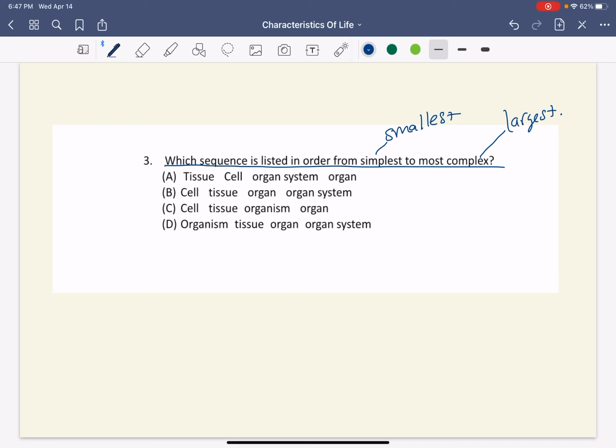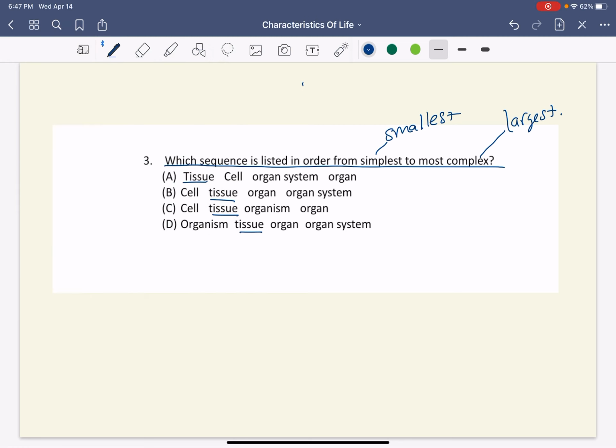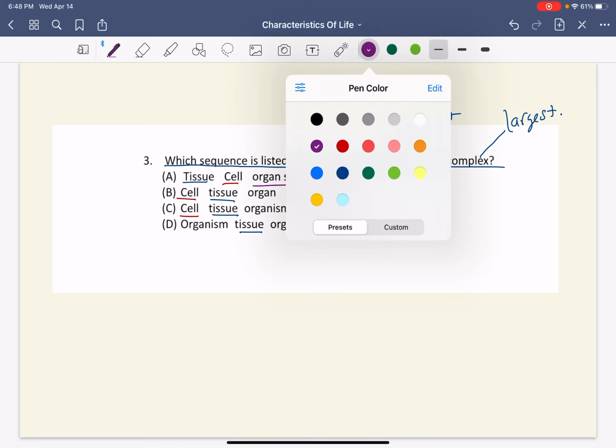So let's see what we have here. They have tissue here, tissue here, tissue here. Let me change the color. Let's do red for cell. Cell, cell, cell. They don't have cell on this one. Organ system, organ system. They don't have it here. Organ system.